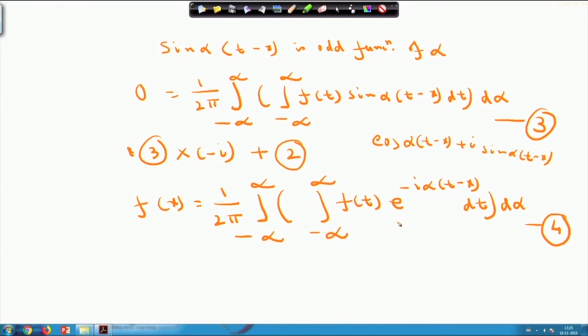This equation 4 we call the complex form of the Fourier integral representation, the complex form of the Fourier integral.